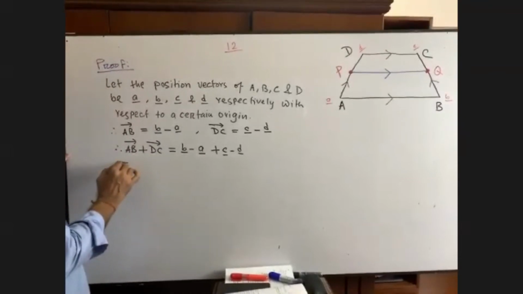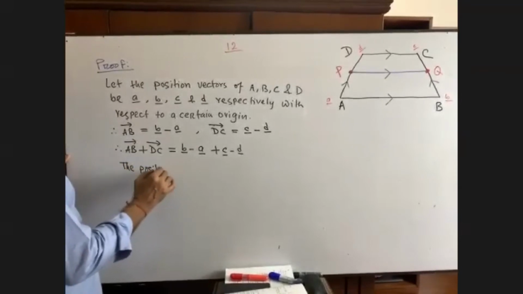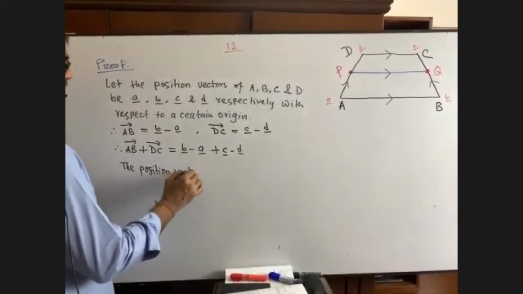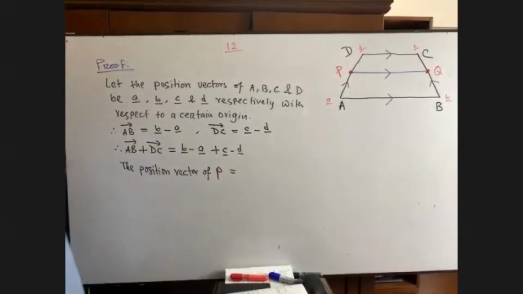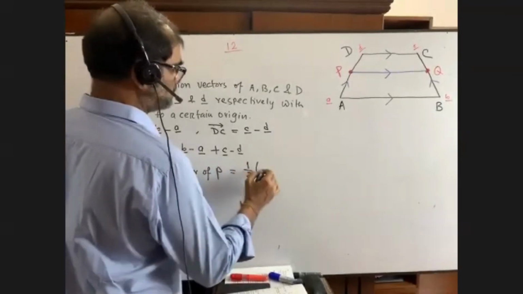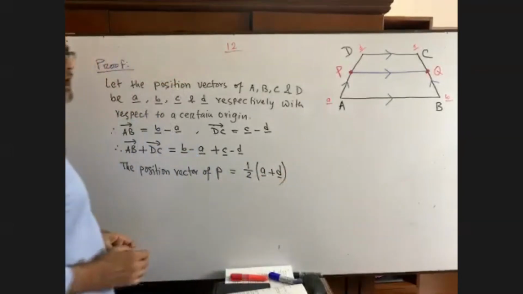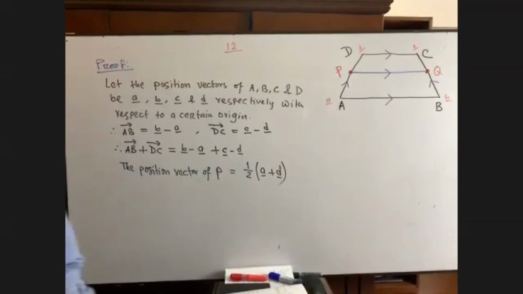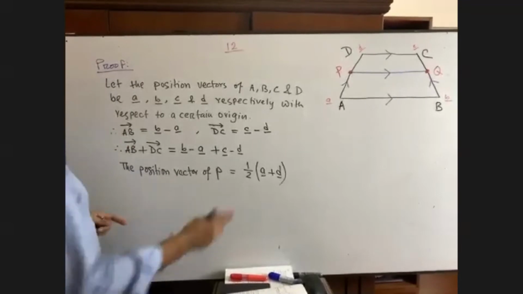Write down the position vector of P. P is the midpoint of AD, so half of A plus D. Can you please recollect that I proved this?